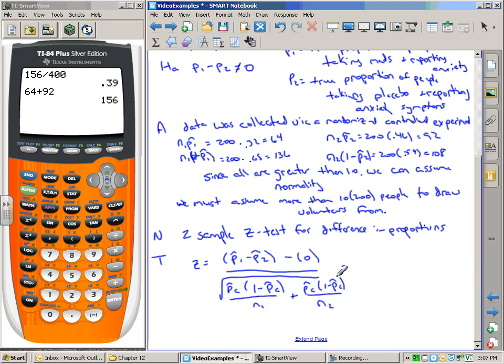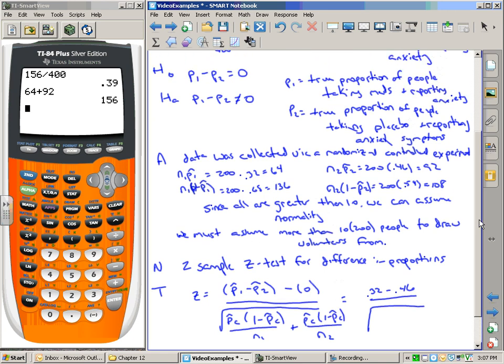So let's put our numbers in. So p hat 1 was 0.32 minus p hat 2 was 0.46 over p hat c, if I remember correctly, was 0.39. Let's make sure.